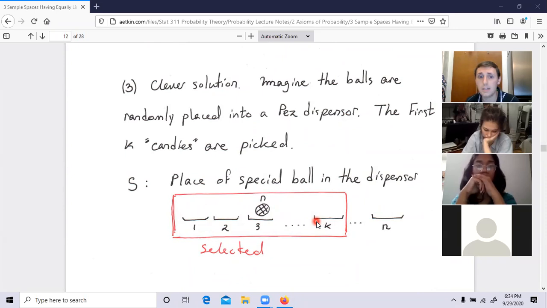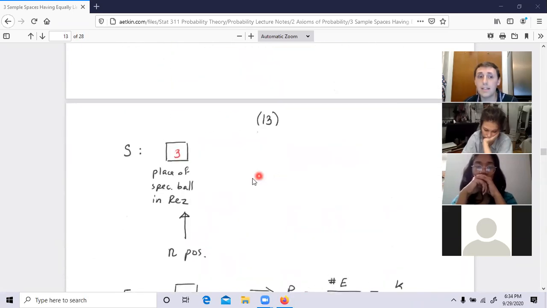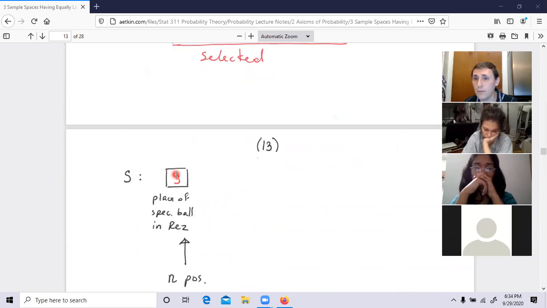Make sense? So selection means being in this red region of the Pez dispenser. Good. So my sample space is actually going to be the position of the special ball in the dispenser. Look at it, completely different sample space. I only record the position of the special ball in the dispenser. Are you with me?